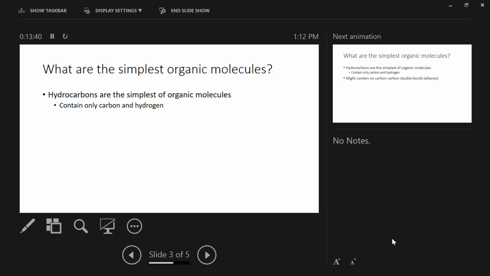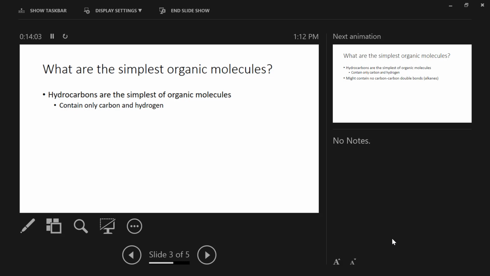Now, when you hear the word simple, what do you think? Non-complex. And so that can be structurally, which is going to be true because we only have basically one type of bond. Or a couple, we've got carbon bonded to other carbons, and then we have carbon bonded to hydrogens. But they're also going to be the simplest chemically.